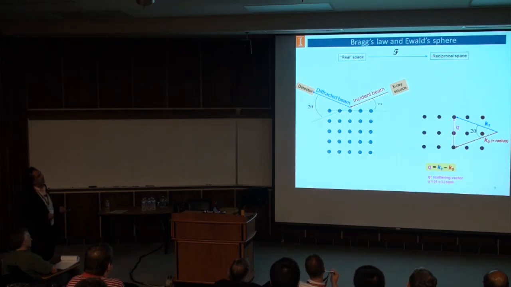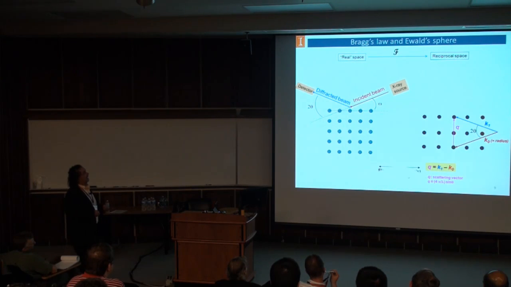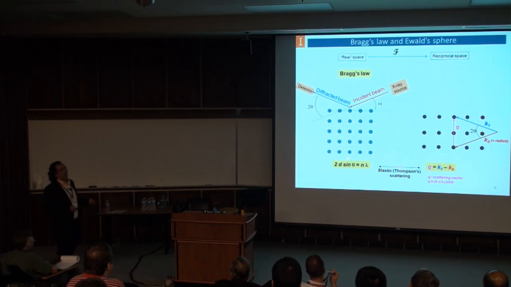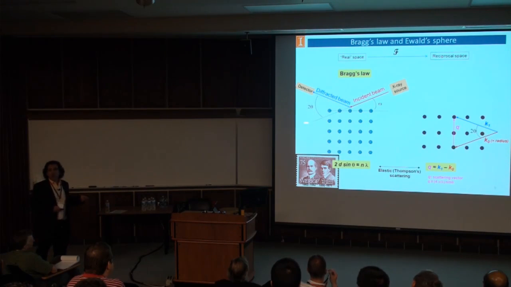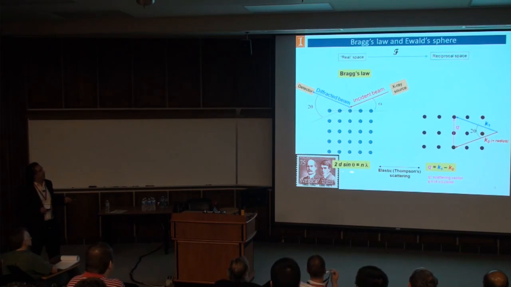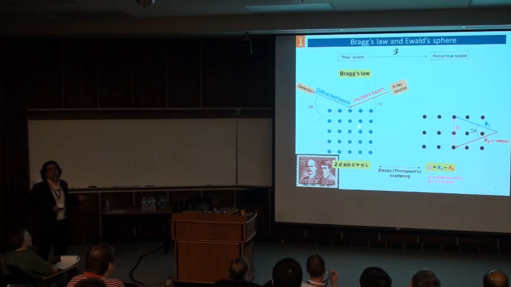Now, you define a scattering vector, and because of the elastic scattering, these two vectors have the same length, so you can derive Bragg's law. It is a very simple law. If you know the angle at which the X-ray beam comes out from the sample, and you have a well-defined wavelength, you can calculate the atomic spacing. As long as you can measure an angle, which anybody can typically do, poor resolution or good, you can find something about a microstructure that you cannot see with the naked eye. So by just measuring an angle, you have microstructure information about the sample.